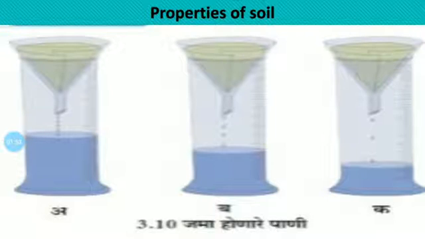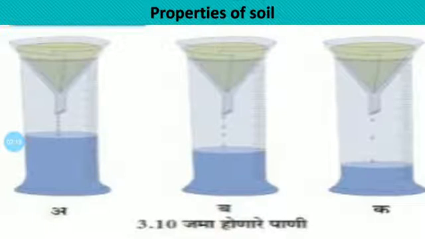The soil may be of different colors such as black, red, copper, yellow, grey. These are the different colors available on the earth. The colors of the soil are useful for its classification.